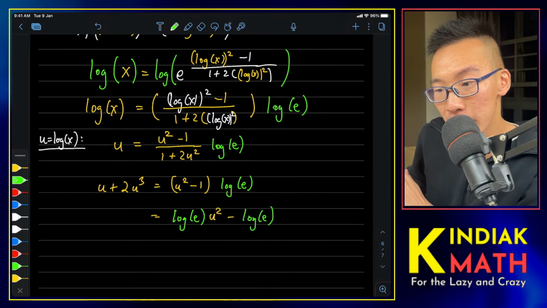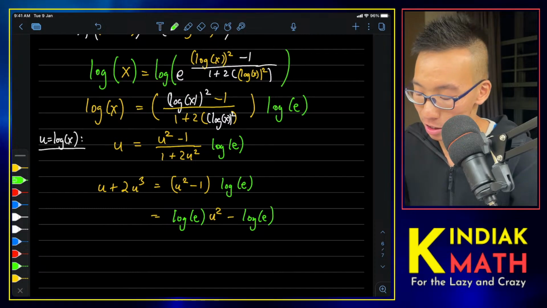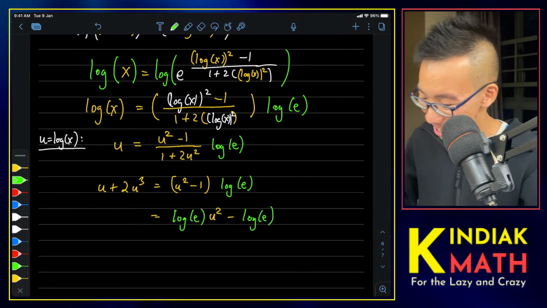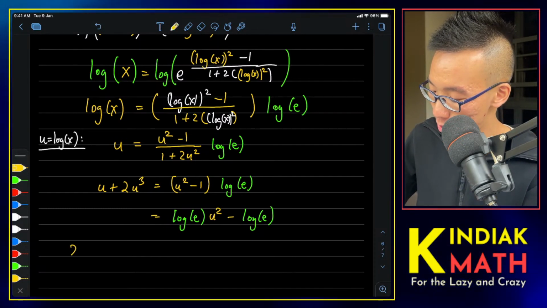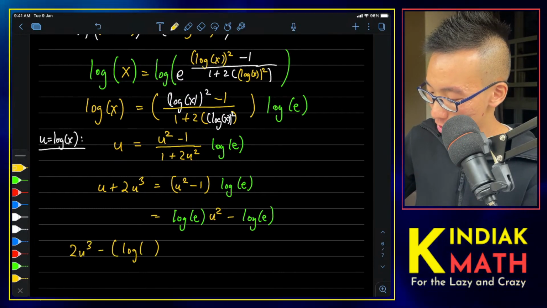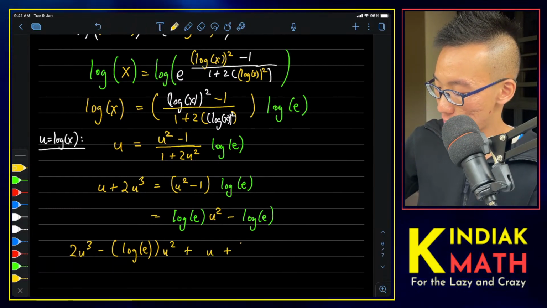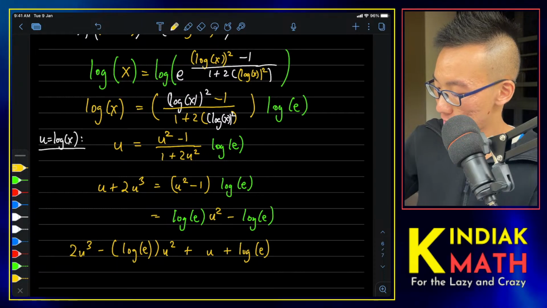And then we can bring all of these terms from the right side over to the left side. And this looks like 2u cubed minus log of e times u squared, plus u plus the log of e equals 0.